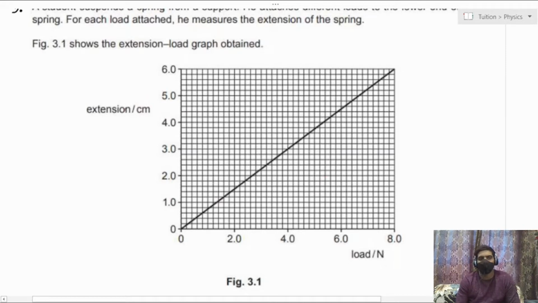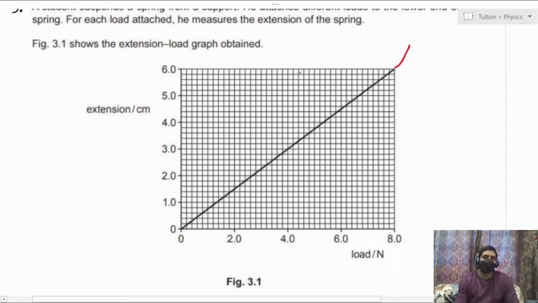Sometimes load is given on the y-axis and extension on the x-axis, and the graph is pretty much the same. The only difference occurs when you read the limit of proportionality, because after that point the graph has to bend.